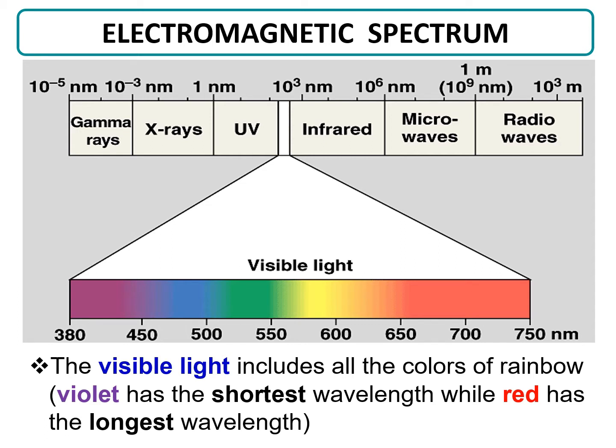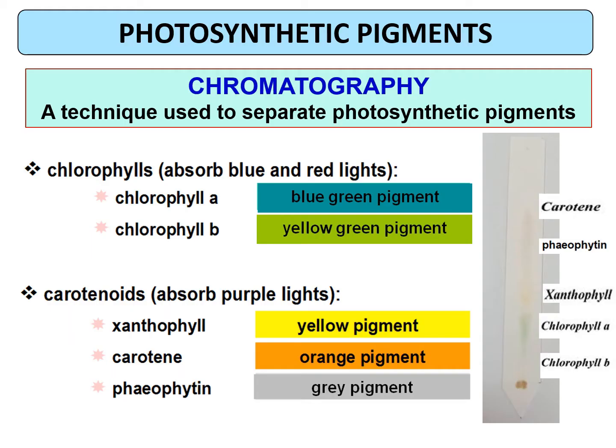Violet has the shortest wavelength, while red has the longest wavelength. Basically, we should be able to identify two types of pigments: first, the chlorophylls, and then the carotenoids.